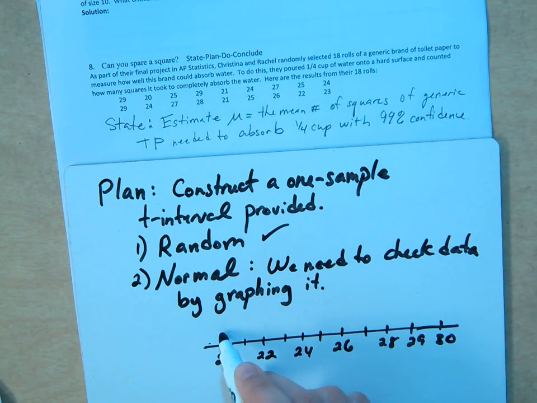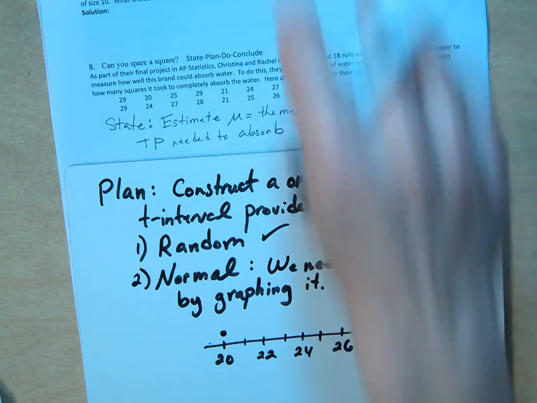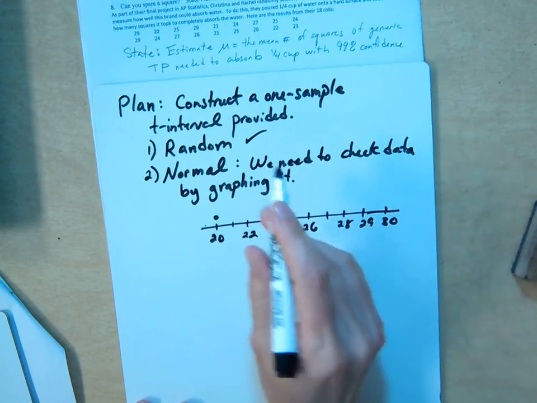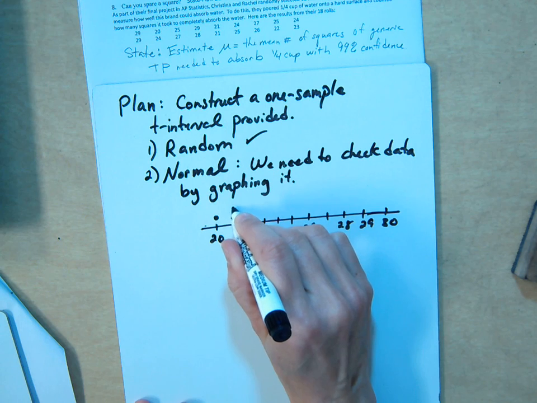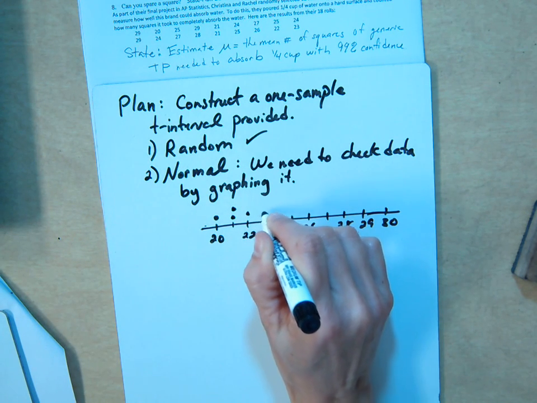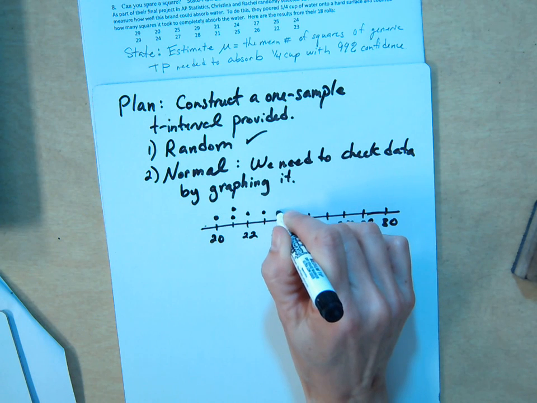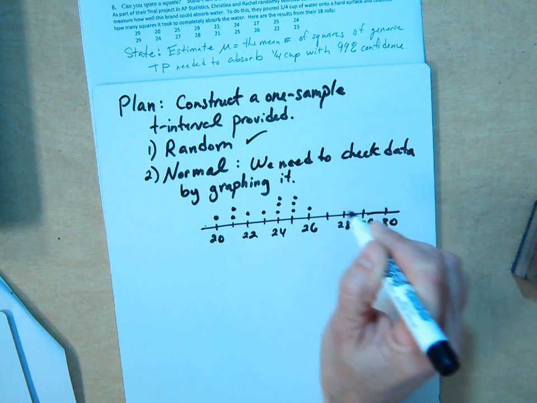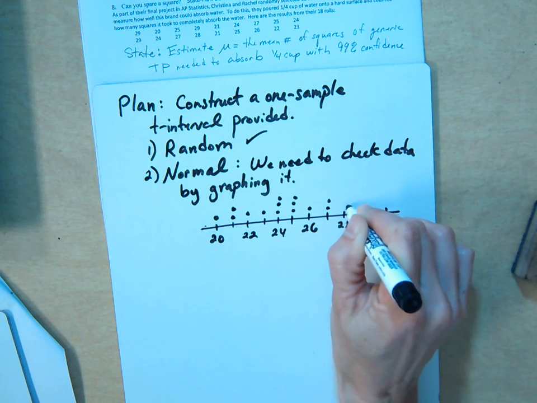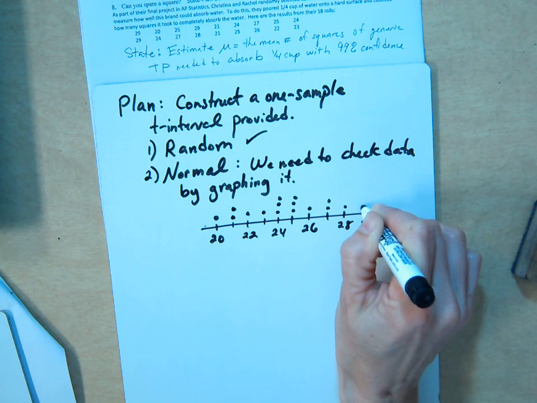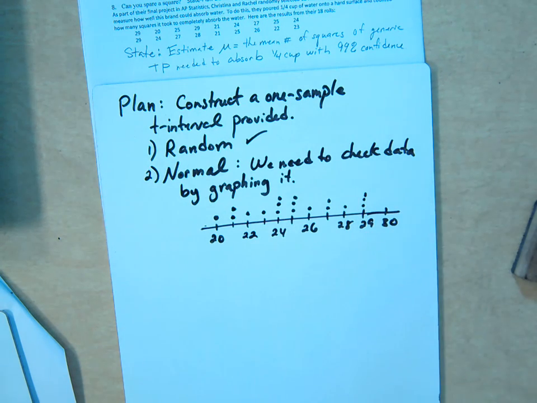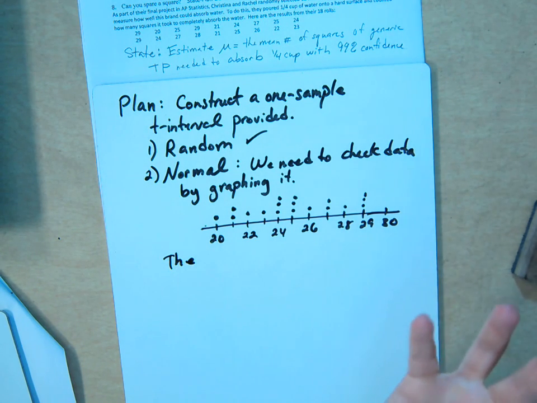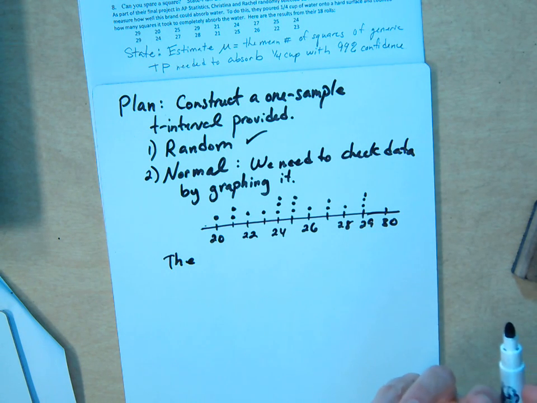Correct me if I'm wrong, but we have a 20, 2 21s, a 22, a 23, 3 of these, 3 25s, 1 26, 27, 28, 29. Okay, so the dot plot doesn't show any outliers or strong skewness, so it's still reasonable to assume the population is approximately normal.